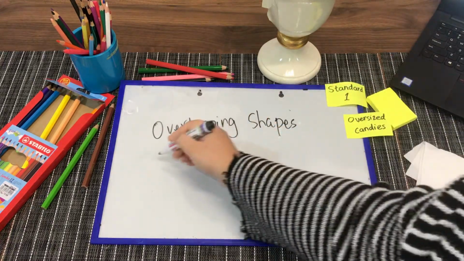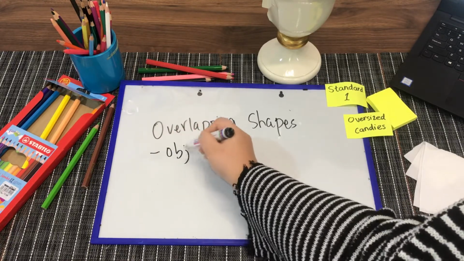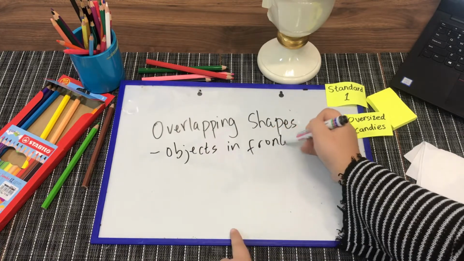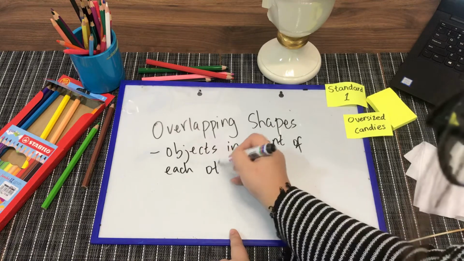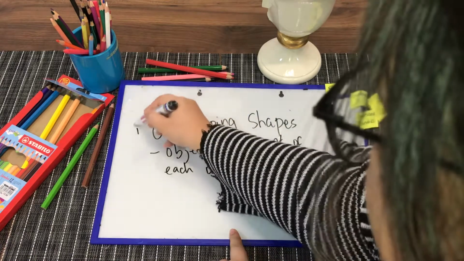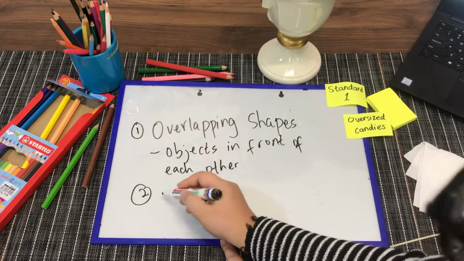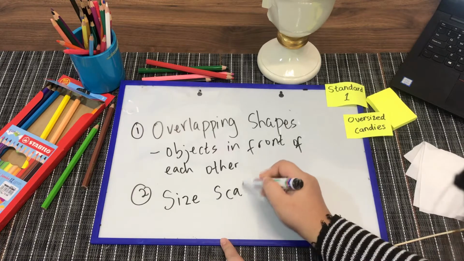Okay, overlapping shapes, where you put objects in front of each other. And then the second one is that you're going to use scale, or size scales.